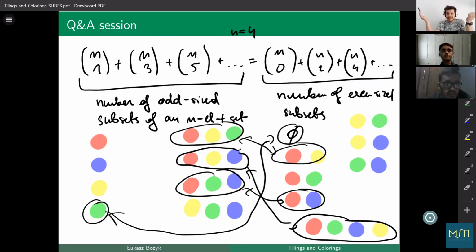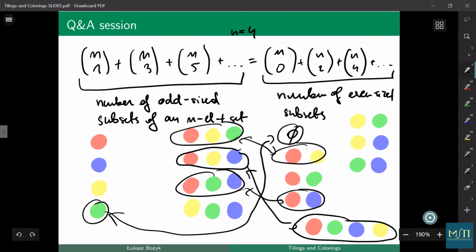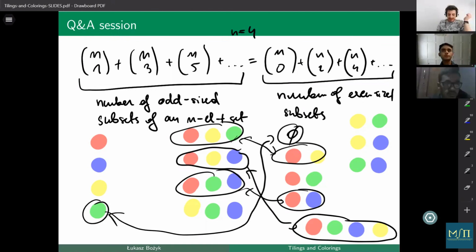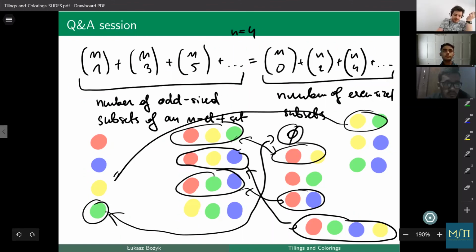And the reason is that if you add or remove just one element, you change the parity, right? If you had an odd-sized set, then you get an even-sized set after removal or addition of one element. And if you had an even size set, you remove green, you have an odd size set.